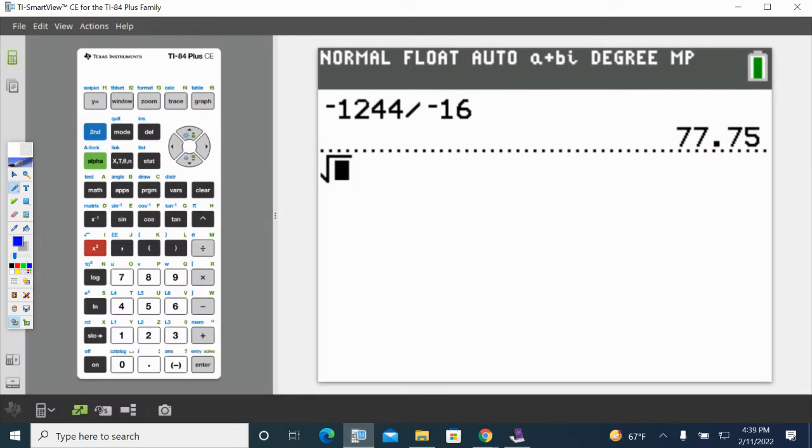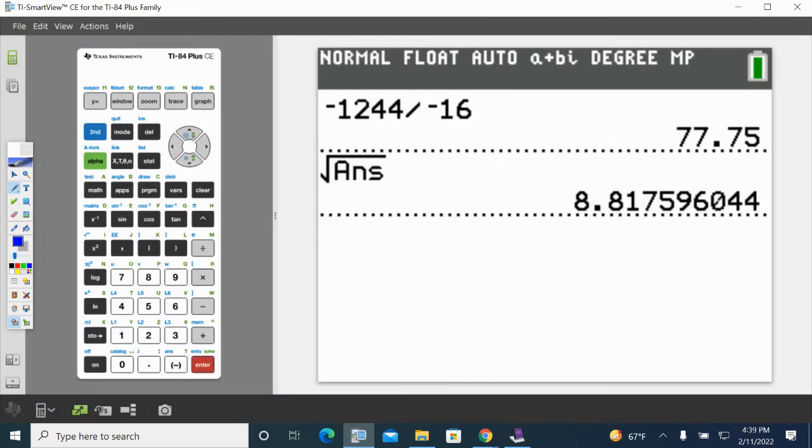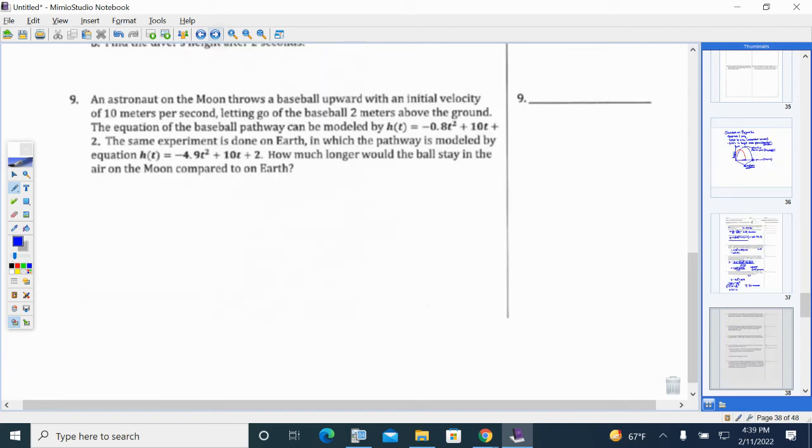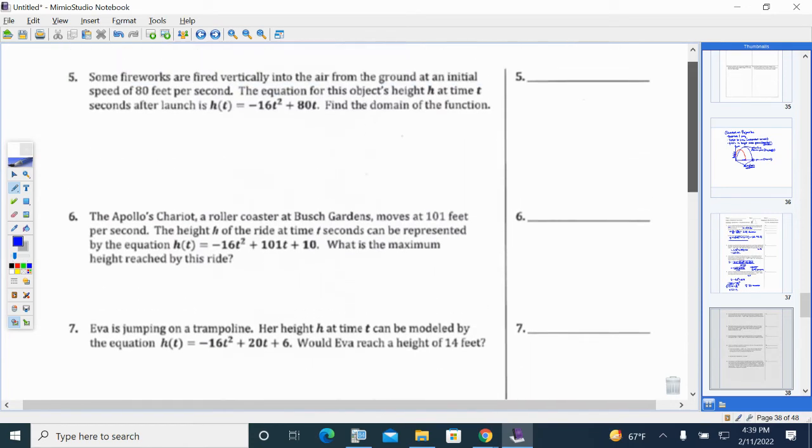So square root that answer. And I get about 8.82 seconds. So it's all about knowing what these pieces are and what to substitute in and how to find those answers. It's a lot of thinking and problem solving.